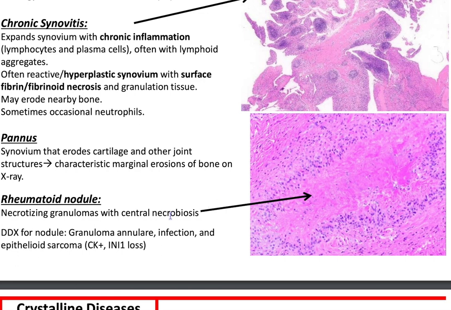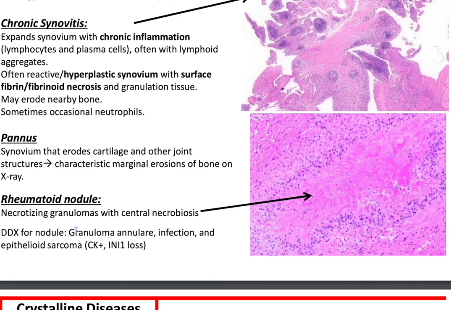And your rheumatoid nodule, you'll see necrotizing granulomas with central necrobiosis. So it looks like necrosis here. Your differential is granuloma annulare, infection, and epithelioid sarcoma, especially if it's a younger patient.